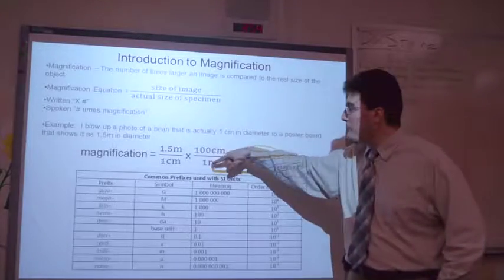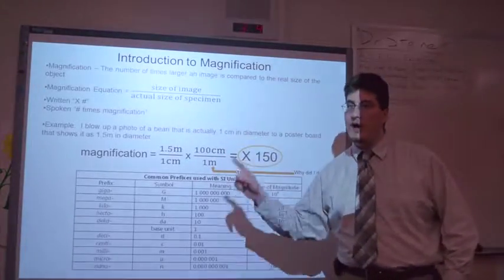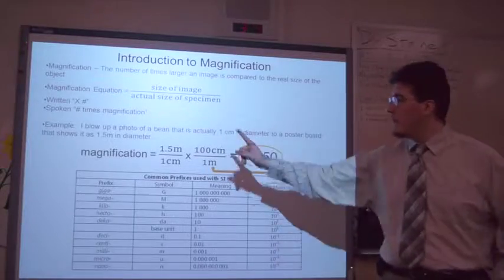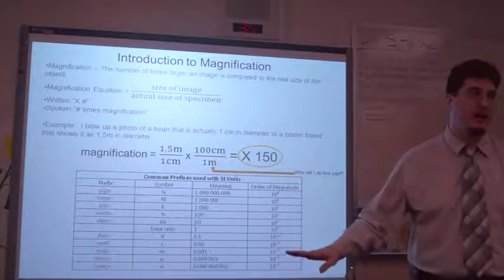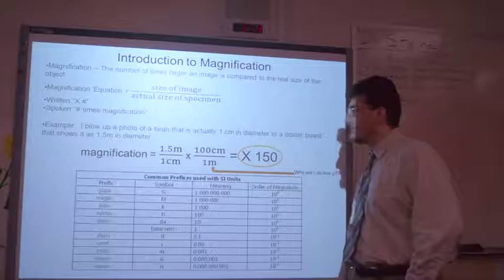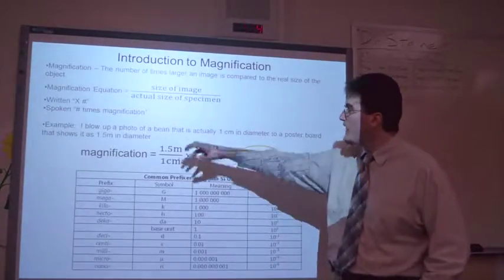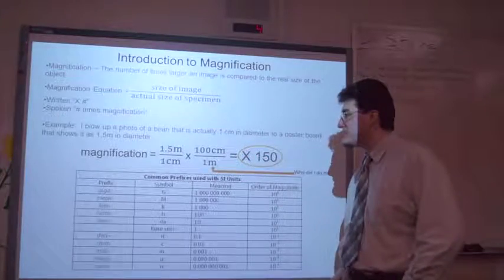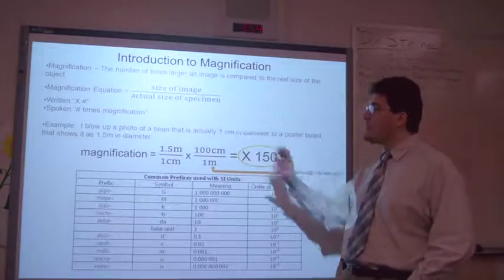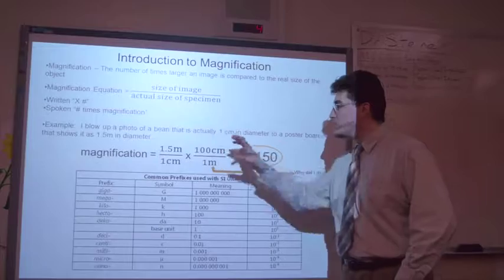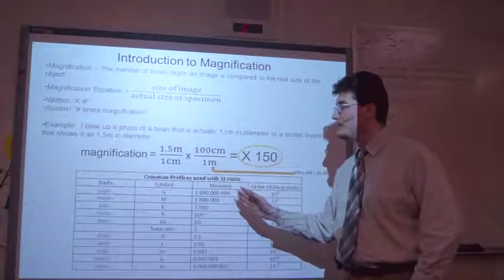These are the same number, and 1 divided by 1 is 1. Multiplying by the same number does nothing. I am merely converting units. So 1.5 meters is my size of image, 1 centimeter is my actual size of specimen. I multiply by my unit conversion factor, 100 centimeters per 1 meter.